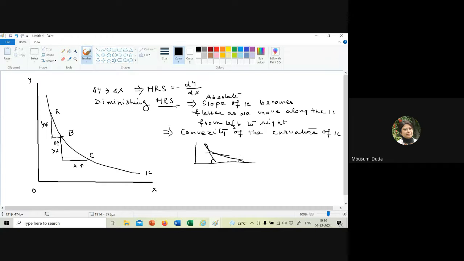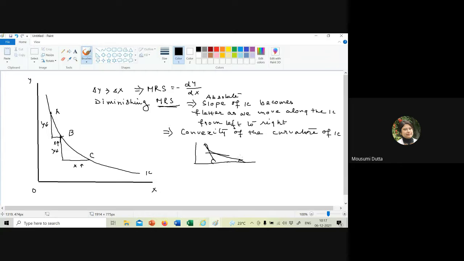So this substitution, which we are calling marginal rate of substitution, is measuring how much X I need to keep myself on the same indifference curve if I reduce the consumption of Y a bit. In a similar fashion, when I am moving from B to C, I am following a similar kind of principle. I am increasing consumption of X and I am losing some amount of Y.